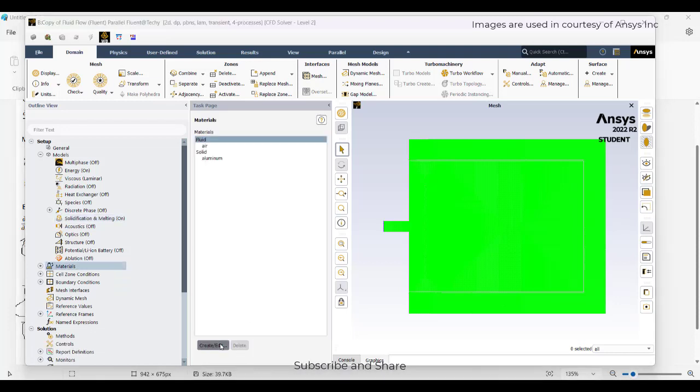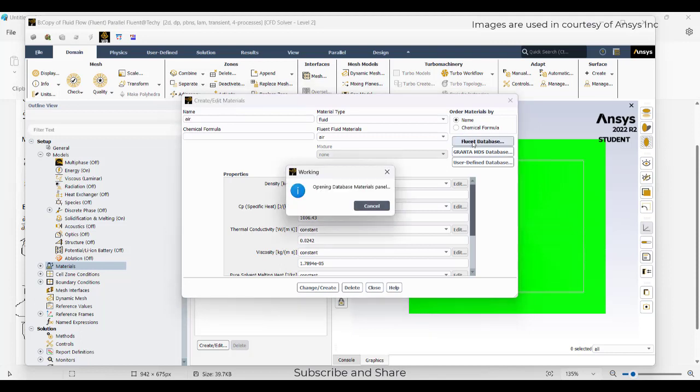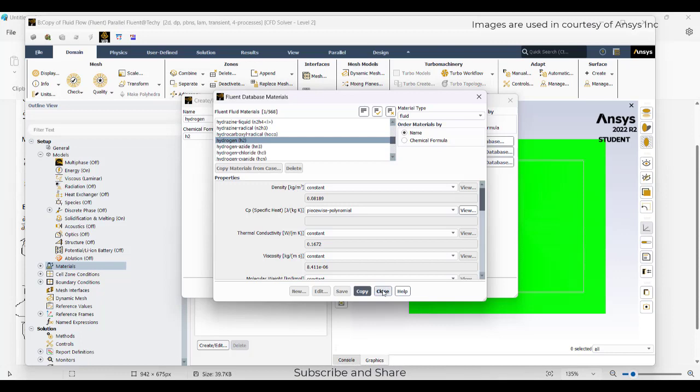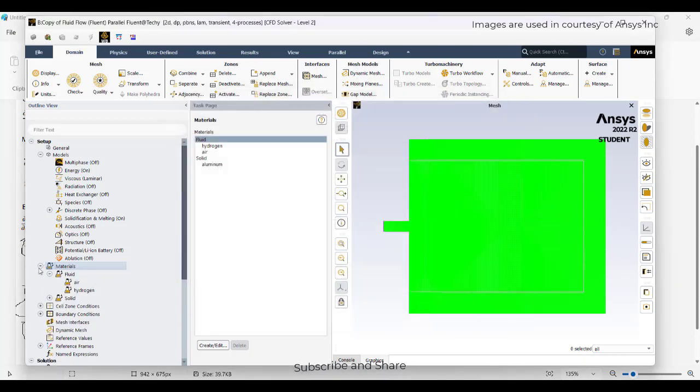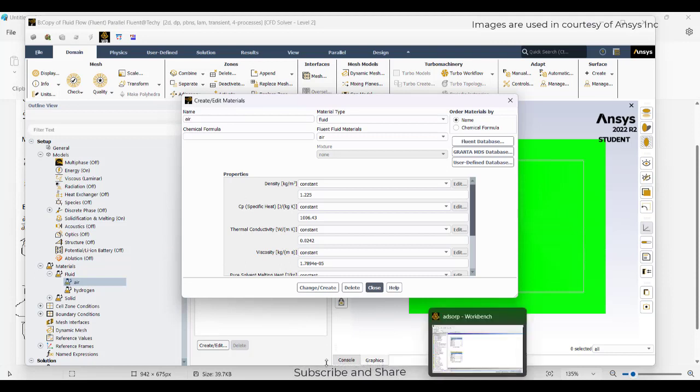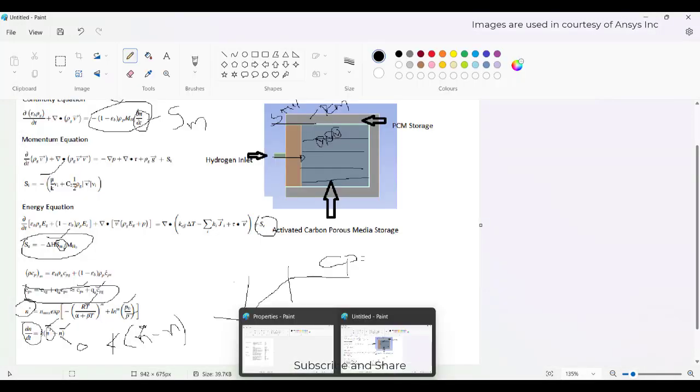So go to materials, just go to Fluent database. Get the hydrogen. We'll try to change the name to PCM. The properties, everything is present here.